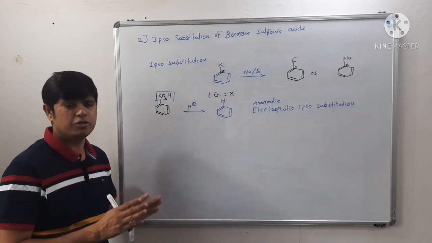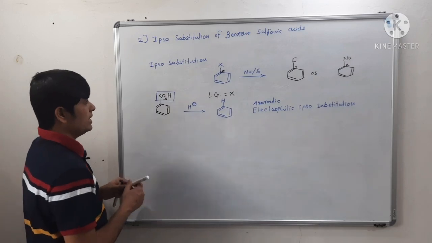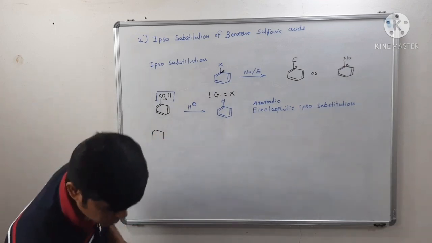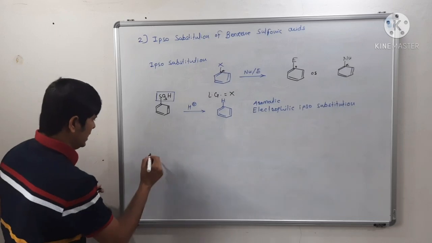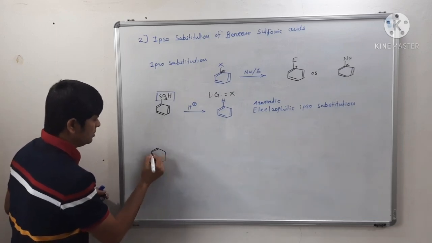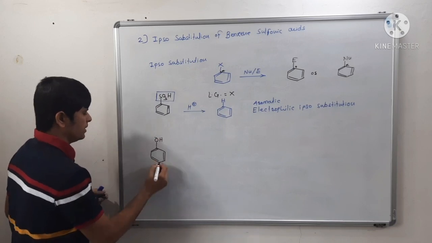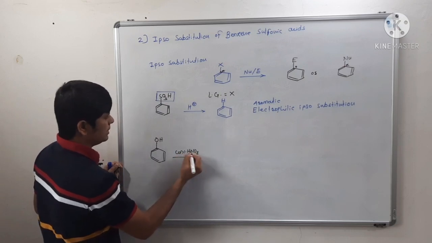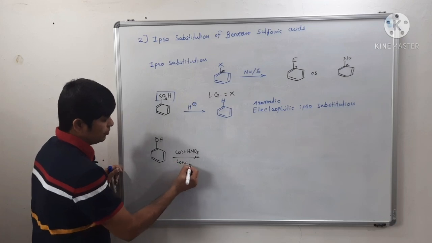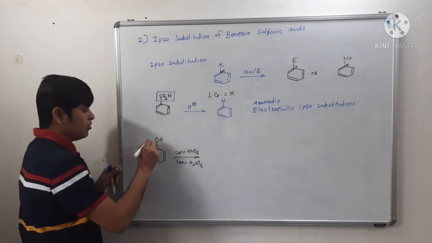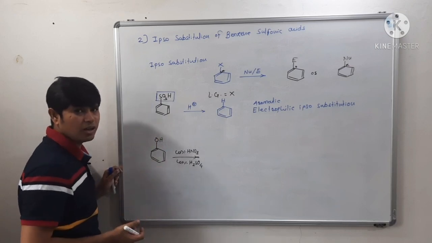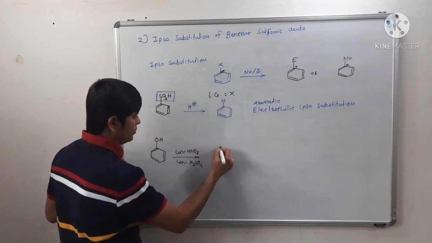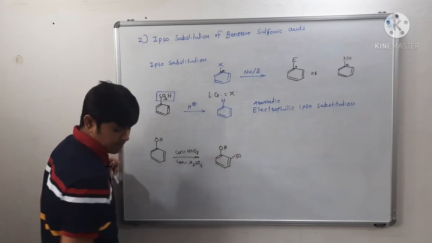See, in the nitration of phenol, if we are carrying out nitration of phenol with concentrated nitric acid and concentrated H2SO4, that is the nitrating mixture, most of the phenol is getting oxidized, and we are getting a very small quantity of picric acid.